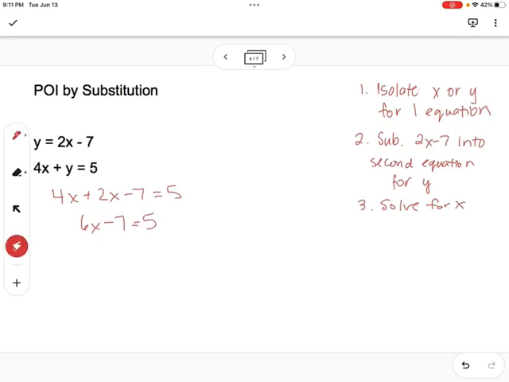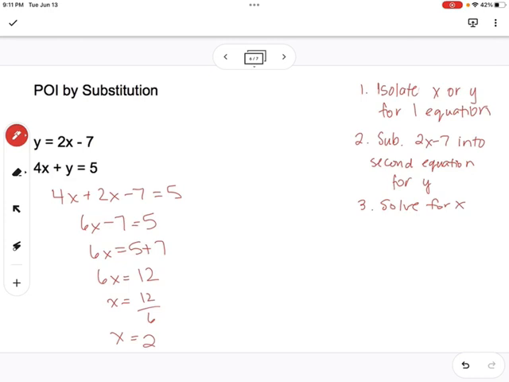So first we're going to move this minus 7. When we move it across, it'll become a plus. And then last, we want to move this multiplying by 6. When we bring it across, it'll be a divide. So x equals 12 divided by 6. So that gives us an x value of 2.